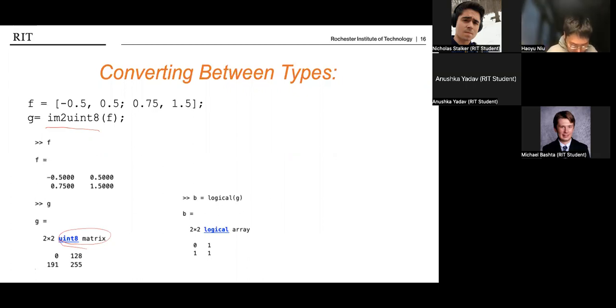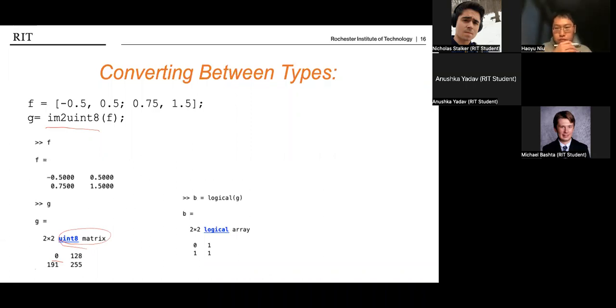You may notice that we have a 0 here, right? For the function im2uint8, it sets to 0 all values in the input that are less than 0. So all the values that are less than 0 in the unsigned integer 8 will just be 0.